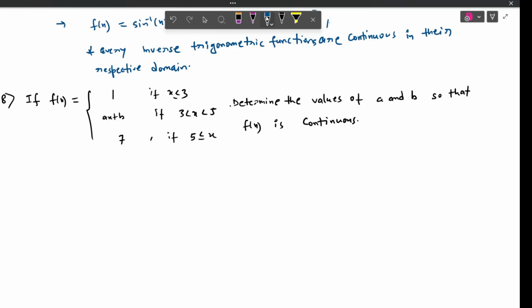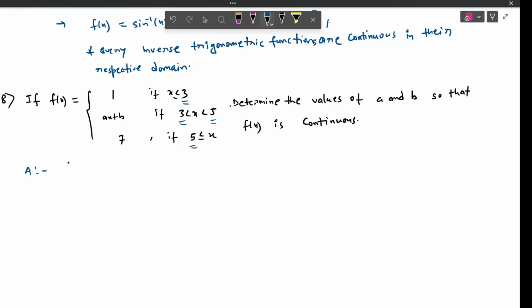So let's see the solution of this. Here we can see that there are two breakage points, one at 3 and one at 5. So we can check the continuity at two points, at x equals 3 and x equals 5.